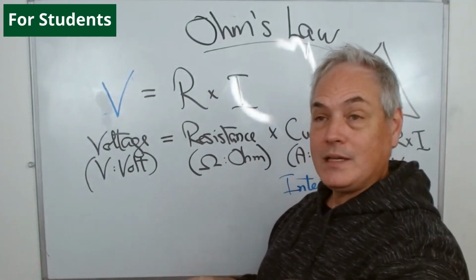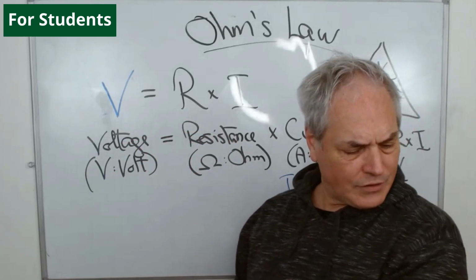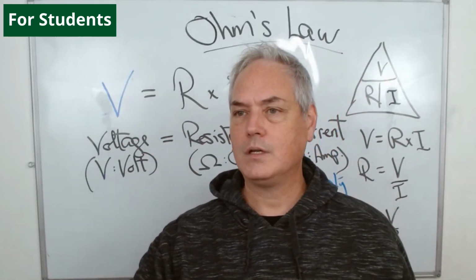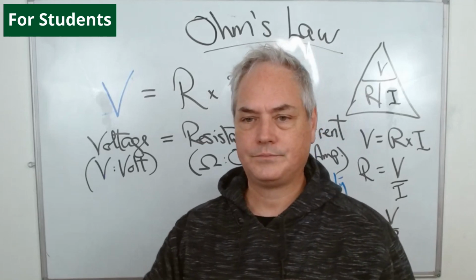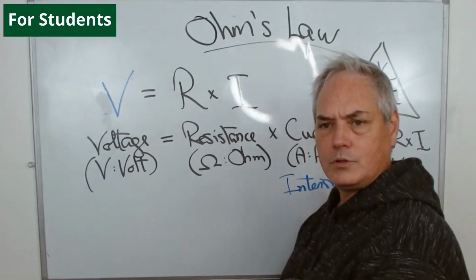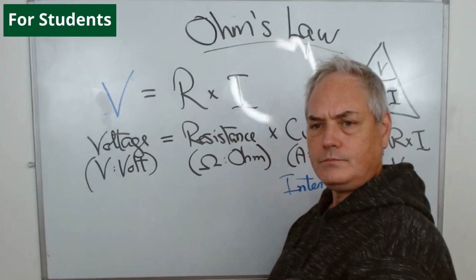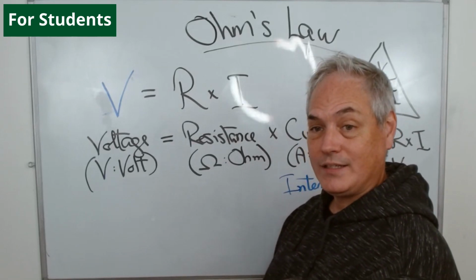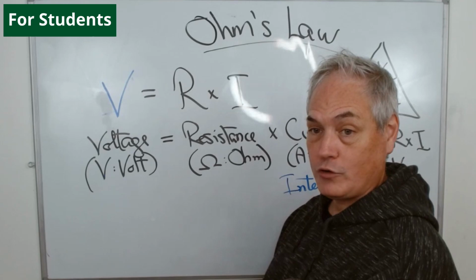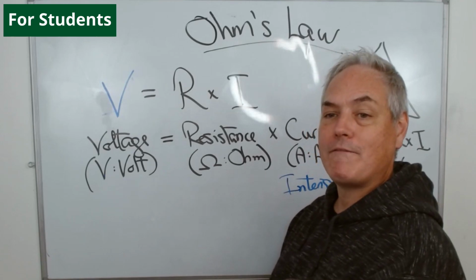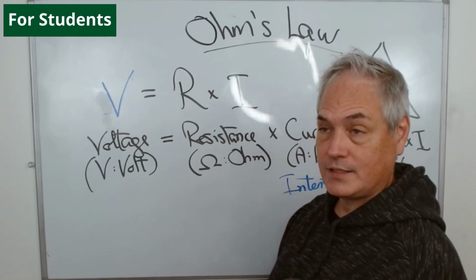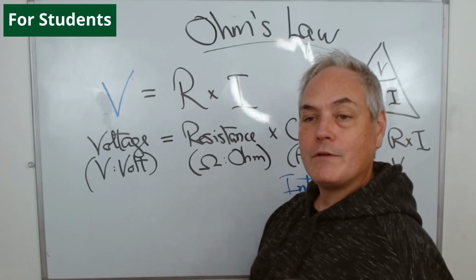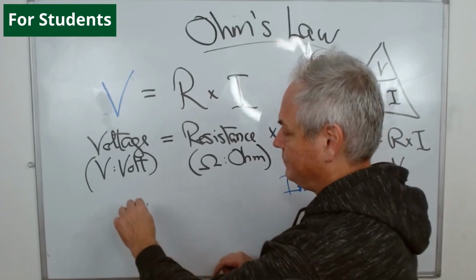Perfect. Now, let's have an example. I think that's always a good thing. My question here is, how much voltage would be necessary to generate 10 amps of current in a circuit that has 5 ohms of resistance? Let's look at the information we have.